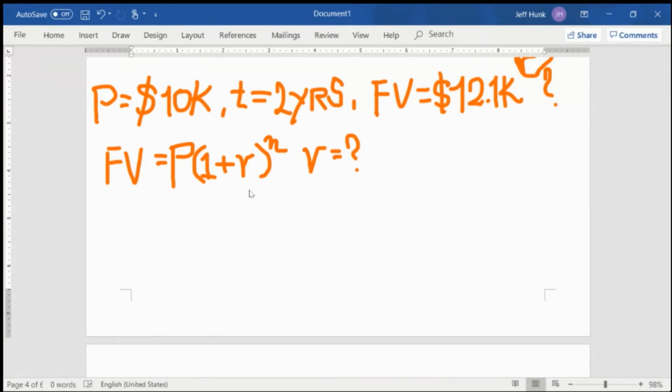We need to solve for R, so we will need to isolate R. But is there any way we can isolate R directly from what it is now? No, there's no way you can isolate R, because R is part of this term in the parenthesis, raised to the nth power.